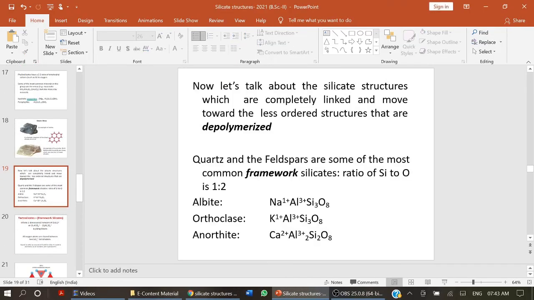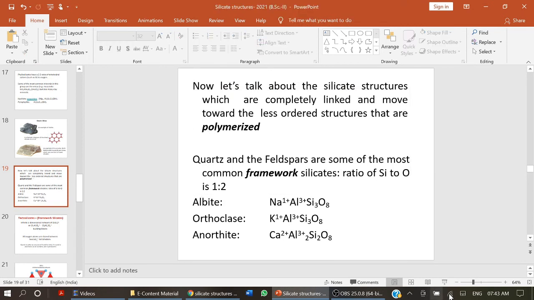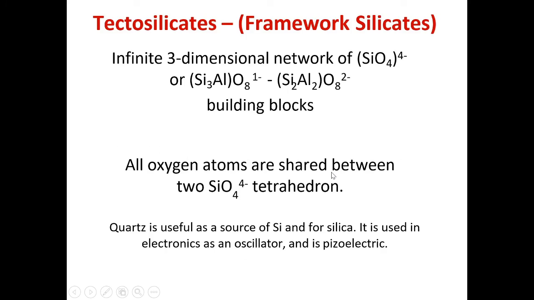So this should be polymerized. Okay. In tectosilicates, we have silicon oxygen tetrahedron arrangements where most of the oxygen atoms are shared by the adjacent tetrahedra. So all oxygen atoms are shared and the ratio is 1:2.